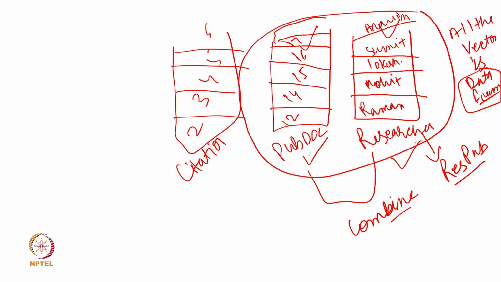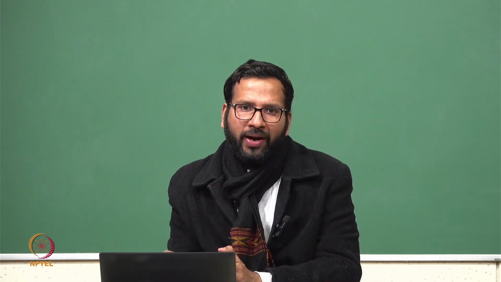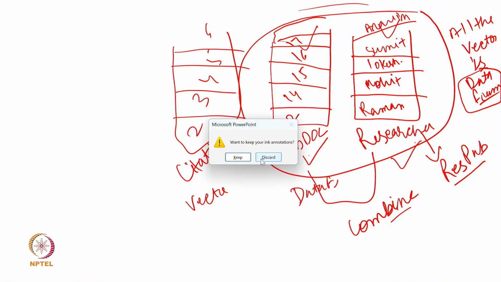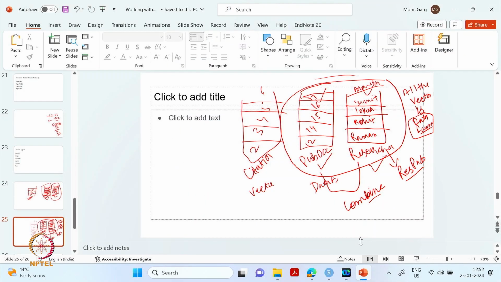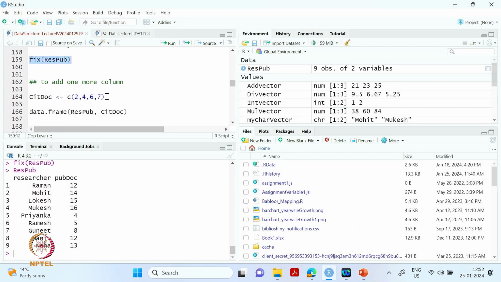This time, in one way I combine this vector and this data frame, or I can combine all these three single vectors and then combine them as a data frame. This is a lengthy way to add one more vector to this particular data frame. Say for example I am adding more values here. So this is another vector.